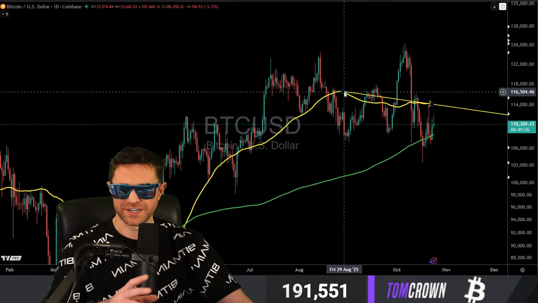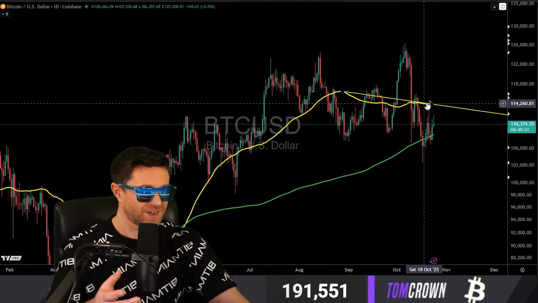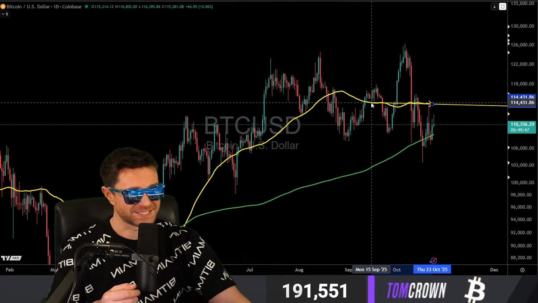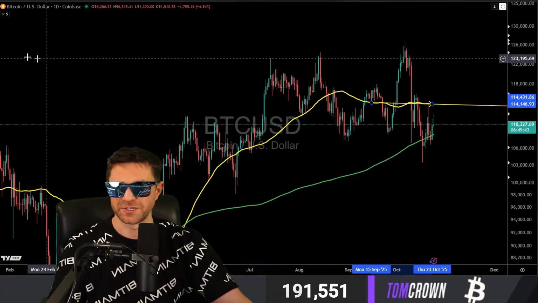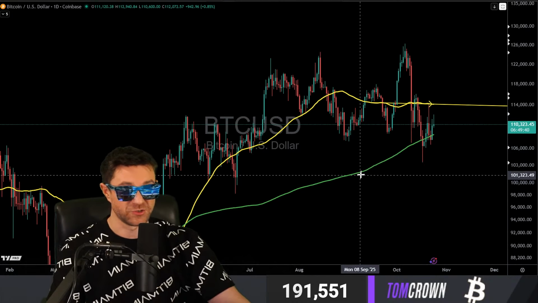What we're going to try to do is basically fit a trend line on the 50-day. I think this is a reasonable way to fit it. You could argue maybe it's a little bit more flat, maybe we want something like this. Doesn't really matter, we're just looking for a rough estimate. Now the 200 is much easier here, as this incline is very smooth, very general, and we're going to do the same thing.